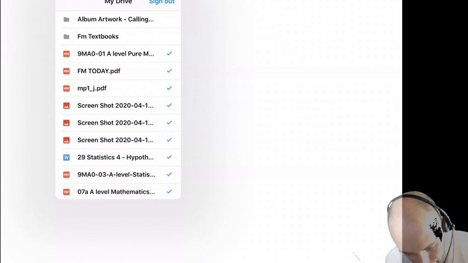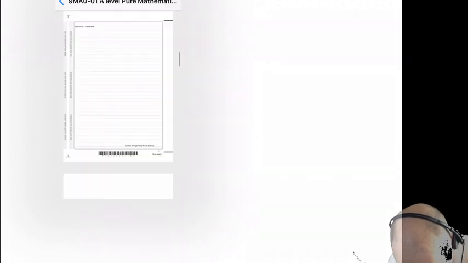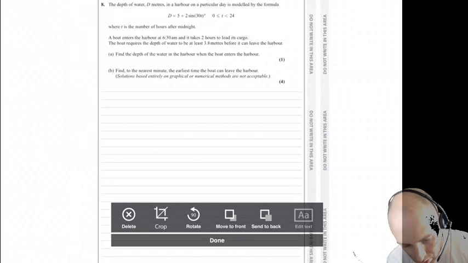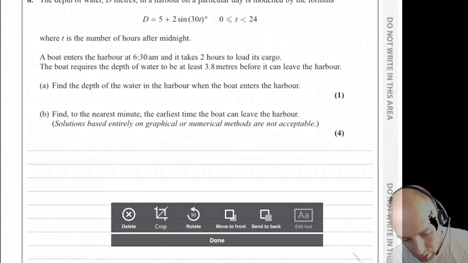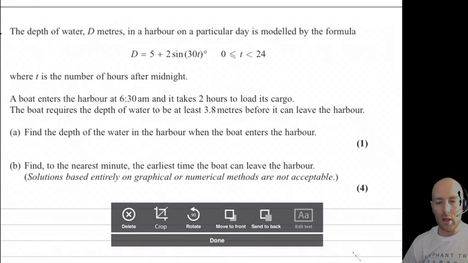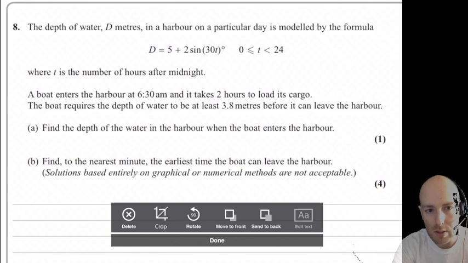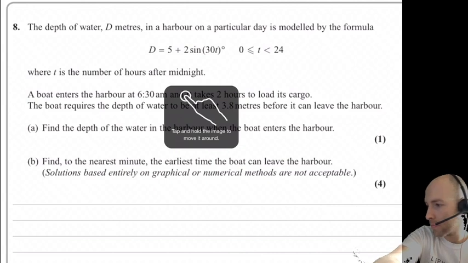And I think it's this one. Yep. All right, so we've got a modeling question, trigonometry based modeling. 5 marks, so I'll give you guys 5 minutes to try this one. And then we'll go through it.